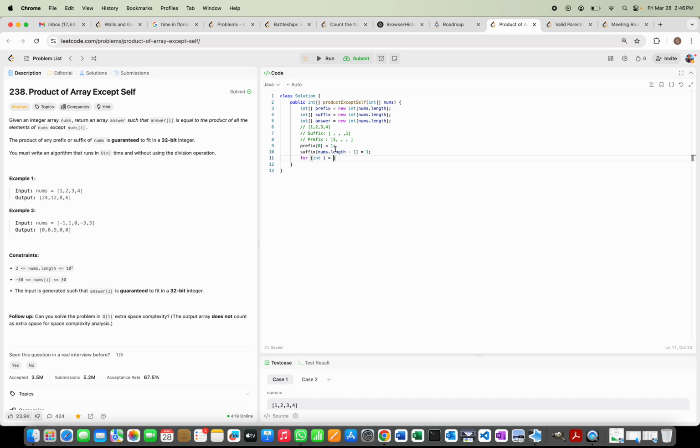Let's do the prefix first. For prefix, we're going to iterate from 1, i less than nums.length, i plus plus.